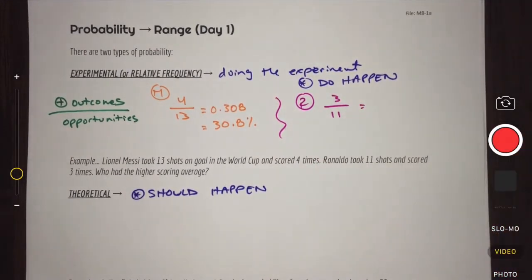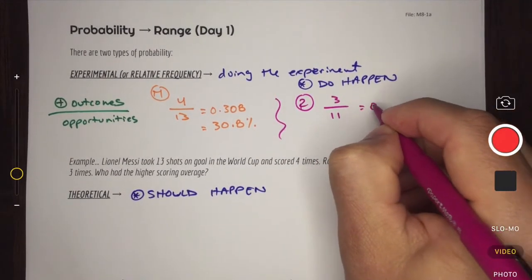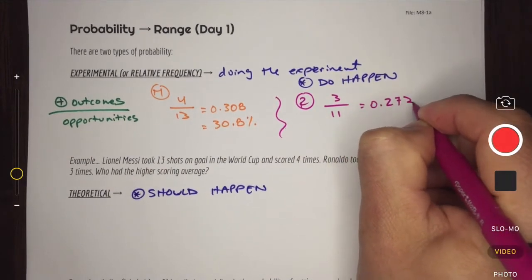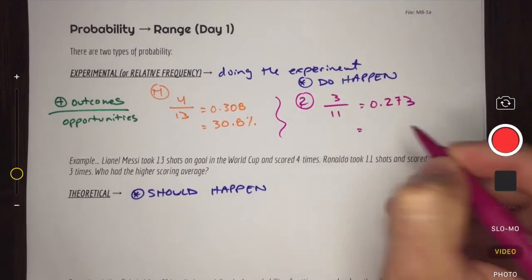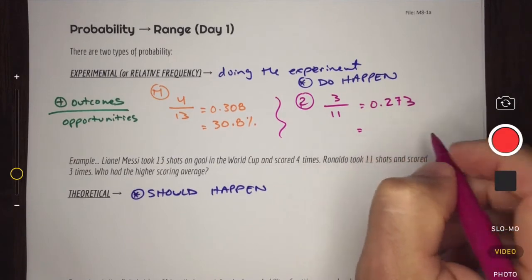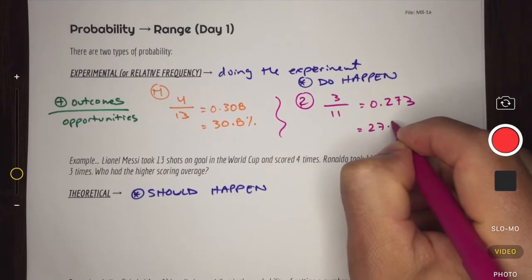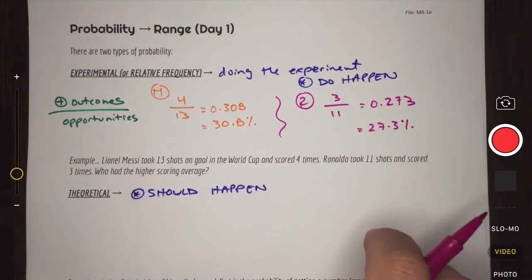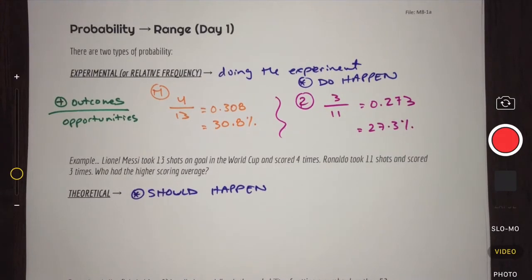When we punch that into our calculator and do a little bit of rounding, we're going to end up with 0.273 as our decimal. And when we multiply that by 100, we're going to find that Ronaldo's shooting percentage is 27.3%. So in this particular case, we can see that Messi has a higher shooting percentage. He is more likely to score a goal based on the number of shots that he can take.